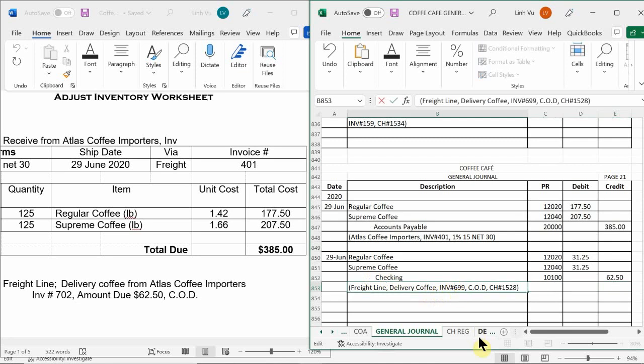Okay, for invoice number 702. 702, check number 1535. Okay, so let's go ahead and update my ledgers.